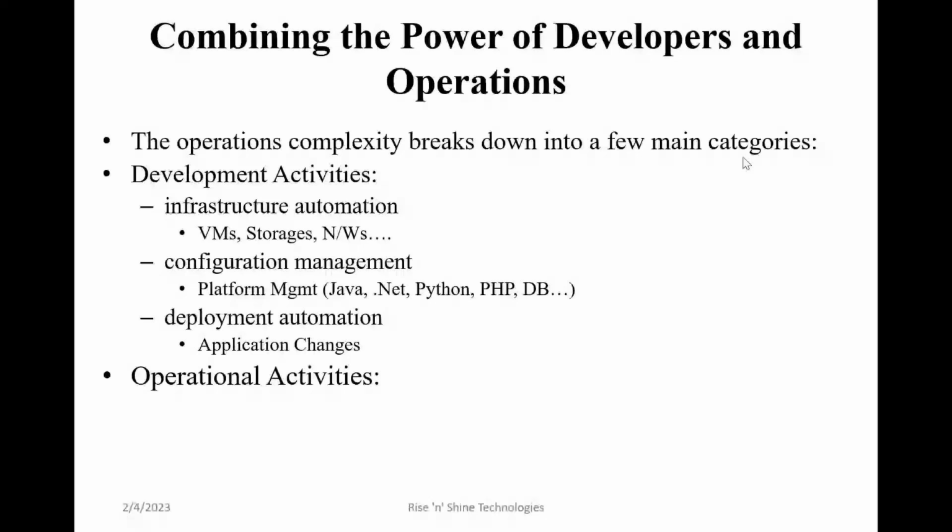These are all operational activities. If the server gets crashed, or if the application is not working, we should know how to troubleshoot that application. That is logs management, troubleshooting activities. Next, performance tuning of the application.